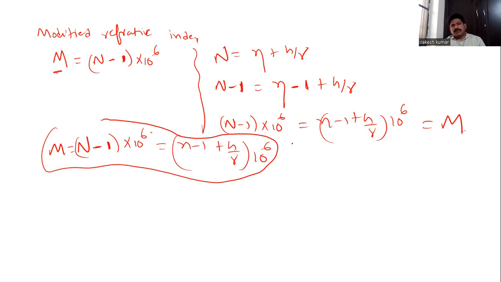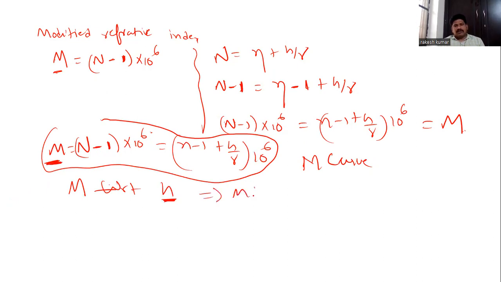To understand the duct propagation, we want to learn about M curves. So what is this M? This is the excess modified refractive index. So what is meant by M curve? It is the plotting of the curve with respect to M with respect to H, where H means height above the earth surface.